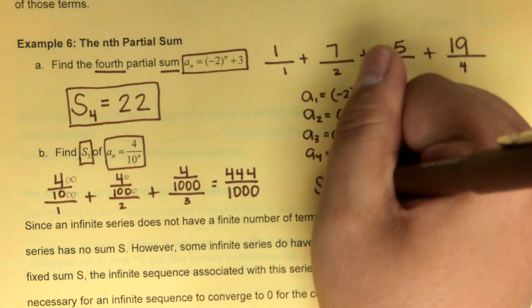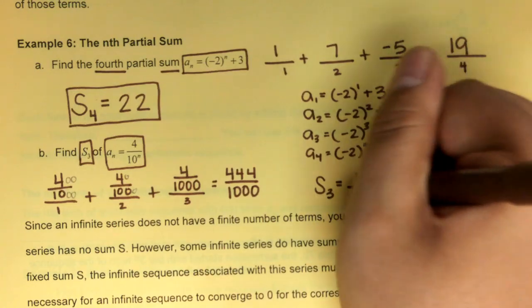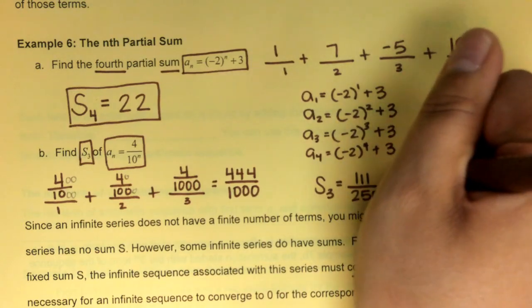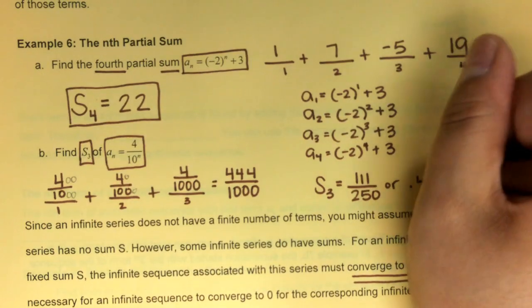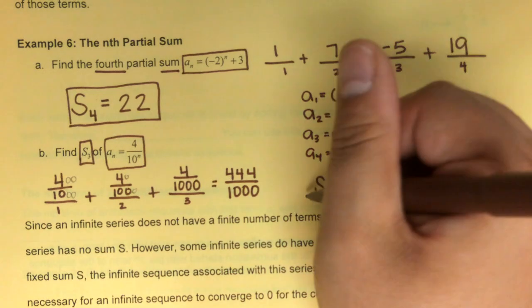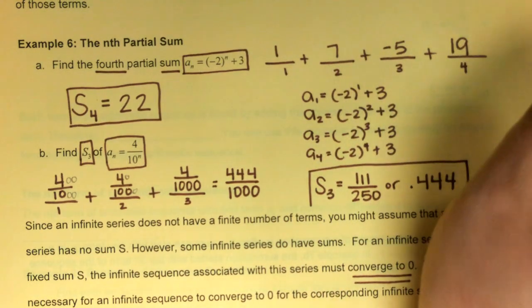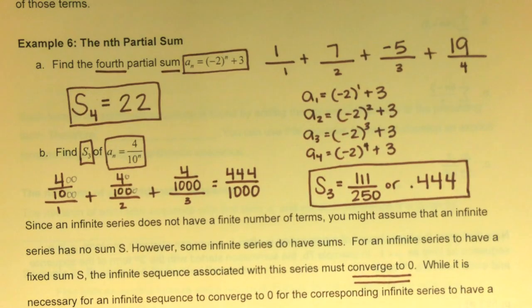So my S sub 3 equals 111 over 250. And honestly, because it's a pretty decimal, I would be perfectly fine with you just writing 0.444. So either one of those are acceptable answers to me. If it was an ugly decimal, then I want you to give me the fraction.